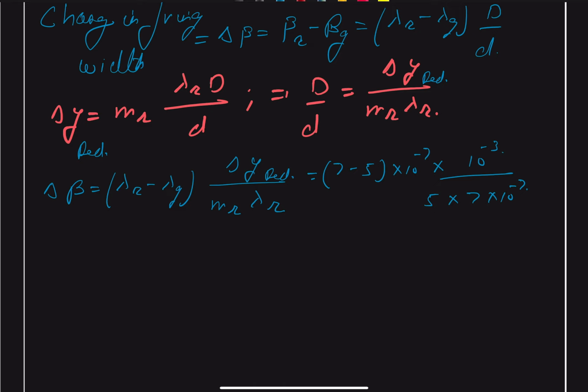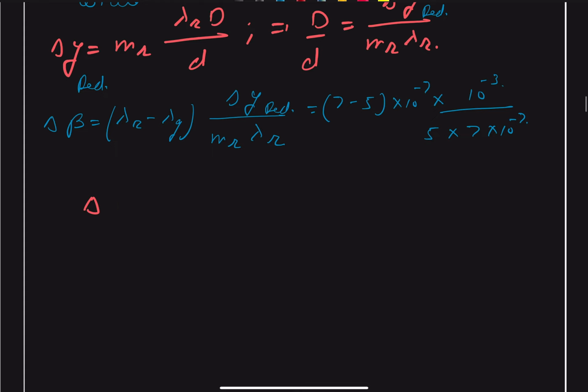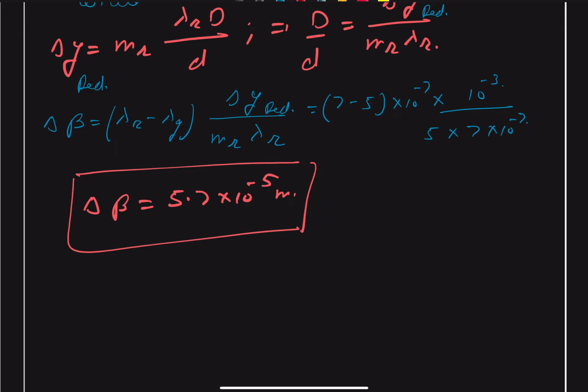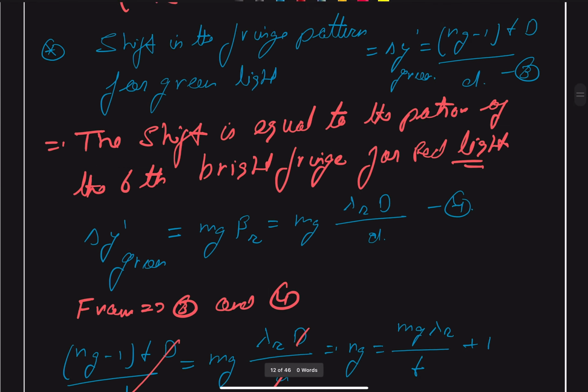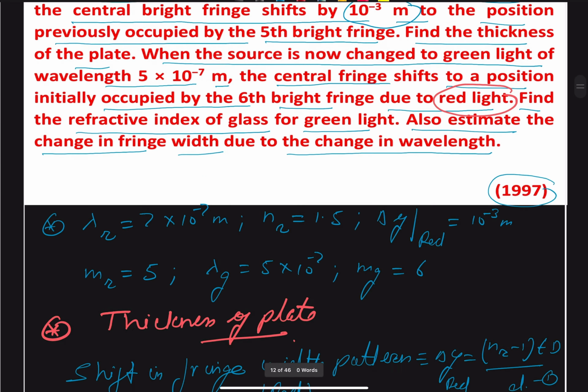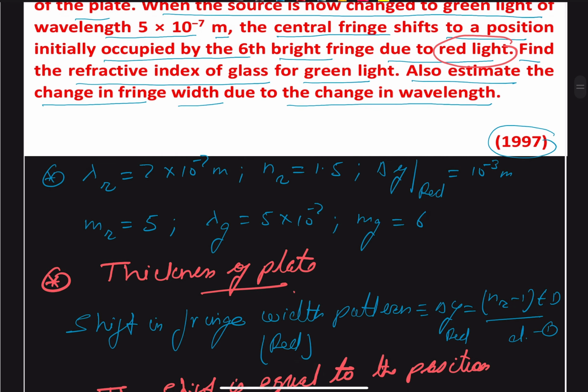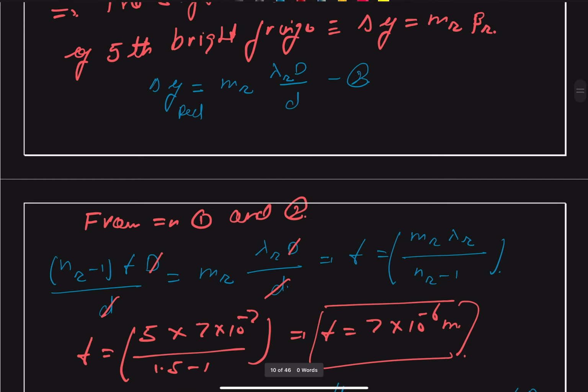So this gives us that our delta beta will be approximately equal to 5.7 into 10 to the power minus 5 meters. So this was, I think, all the things. Yeah, change in fringe width due to change in wavelength.